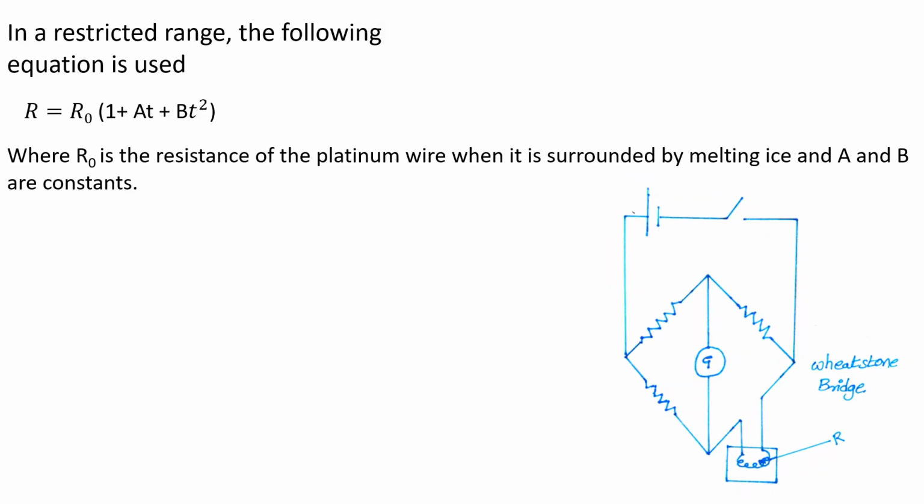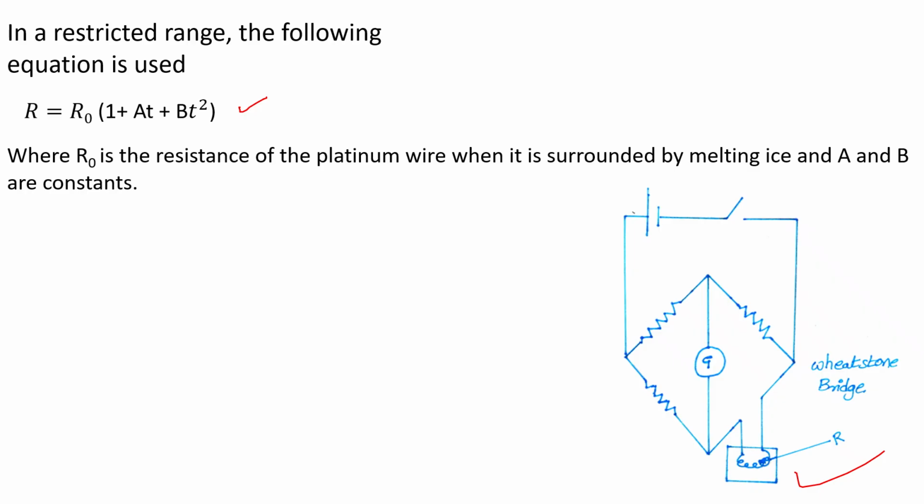Now we place this platinum wire at different temperature conditions, such as the standard temperature environment and the environment whose temperature is to be measured. Then we use the following equation to find the resistance, that is capital R equals R naught into 1 plus AT plus BT square.